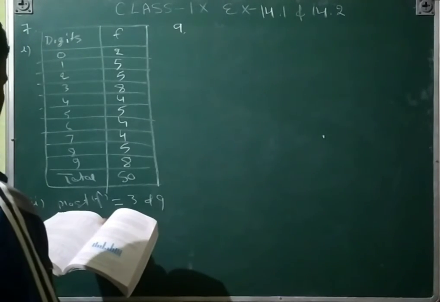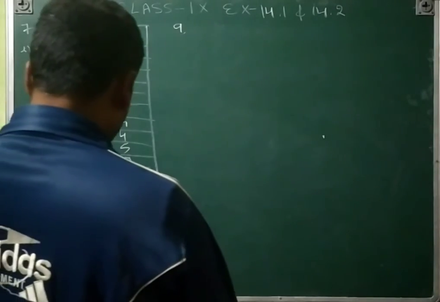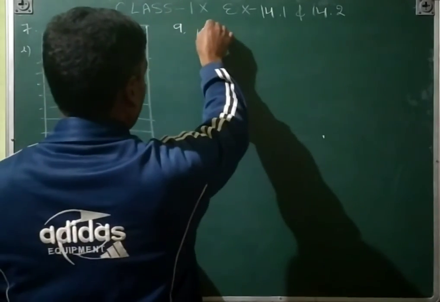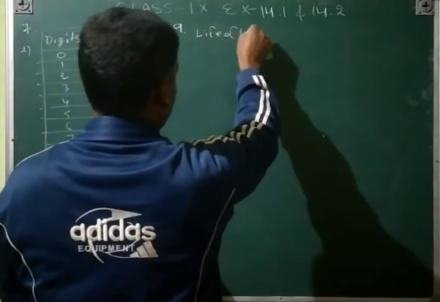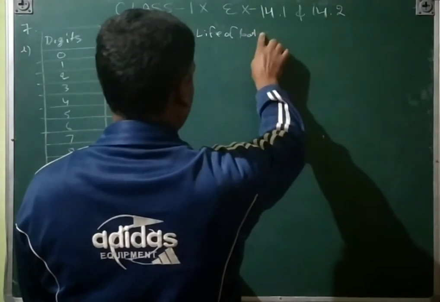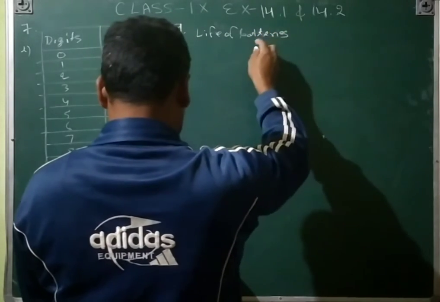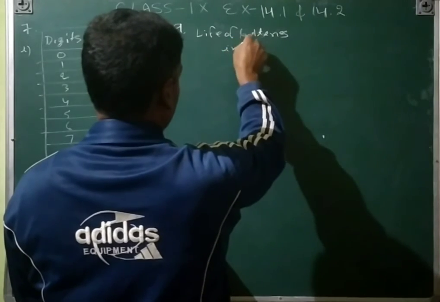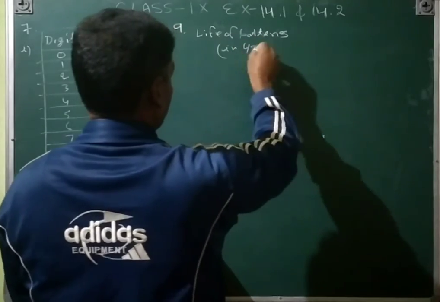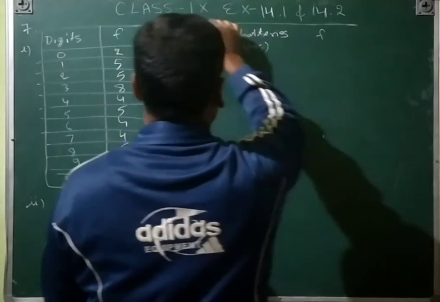It means a difference of 0.5 is there. We will conclude here the life of batteries in years, and then the frequency.